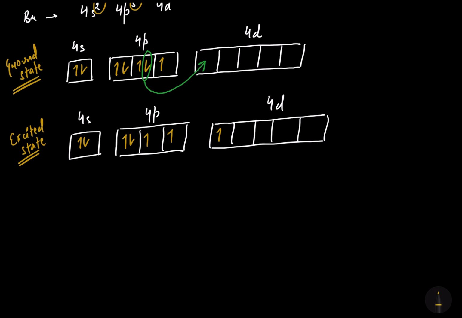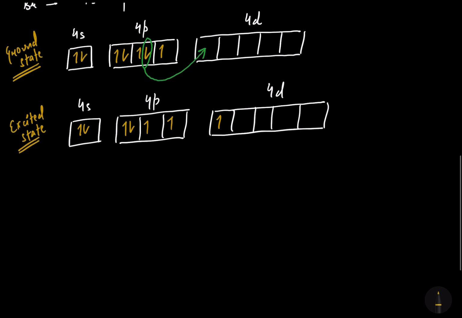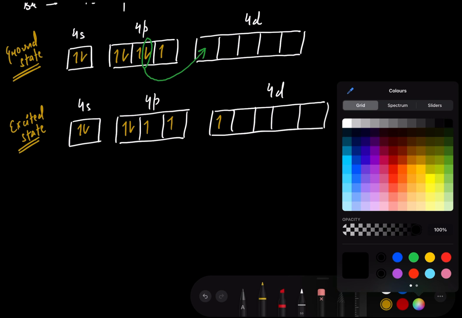Now, as all the bonds are sigma, from this point I am taking the step of intermixing of atomic orbitals, that is hybridization. Here the intermixing will start from the s orbital of the valence shell.